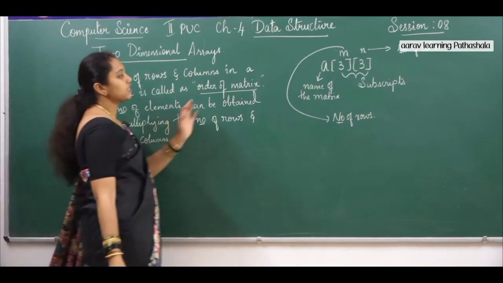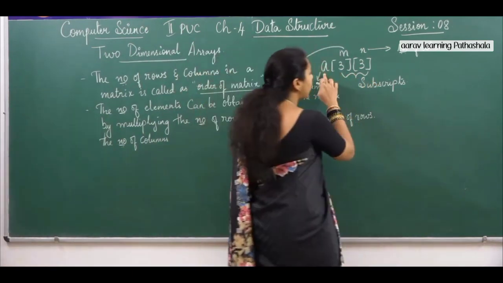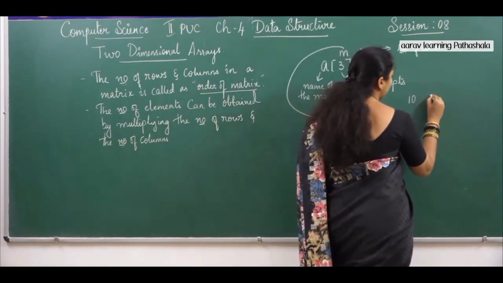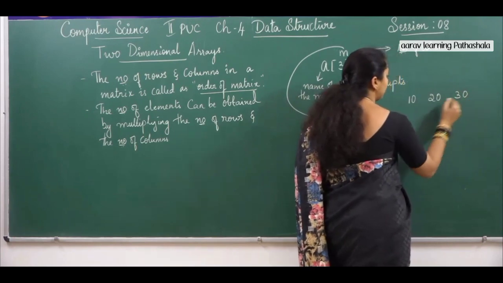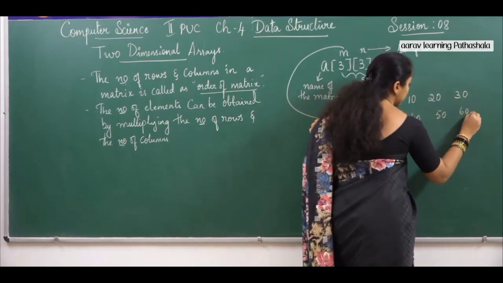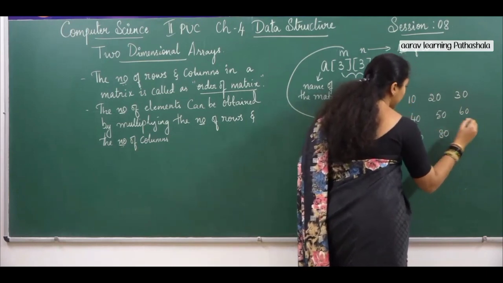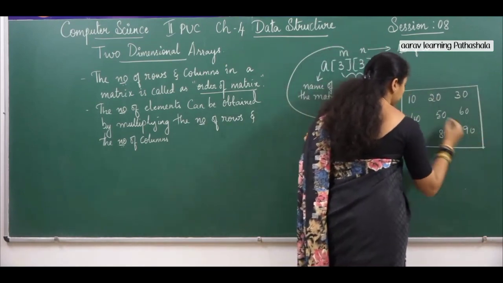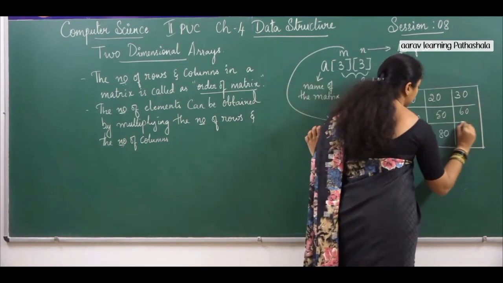For example, consider these array elements. In A of 3 cross 3 matrix, I am going to store the elements 10, 20, 30, 40, 50, 60, 70, 80 and 90. So these are the array elements.